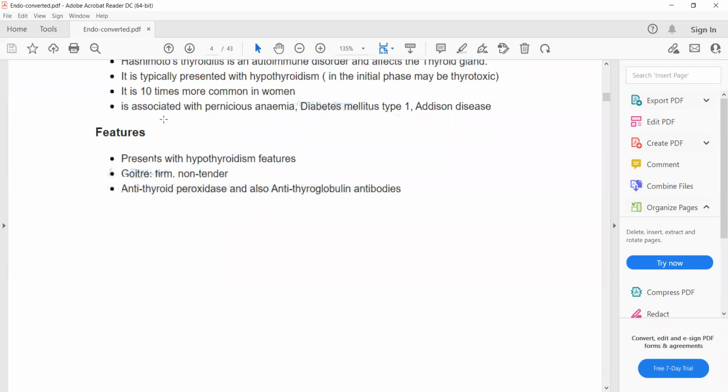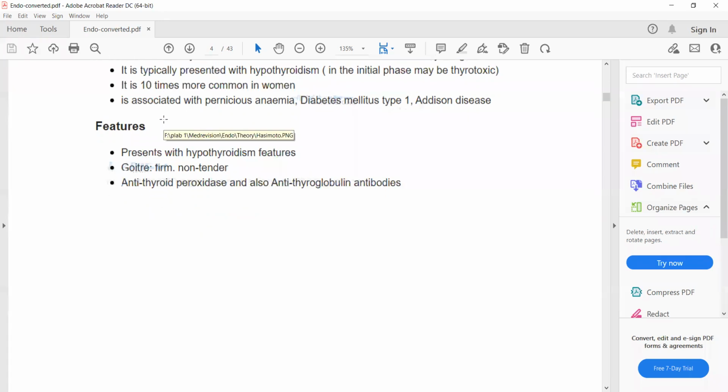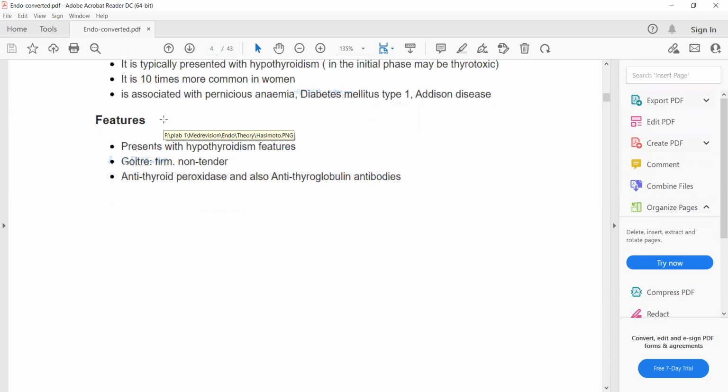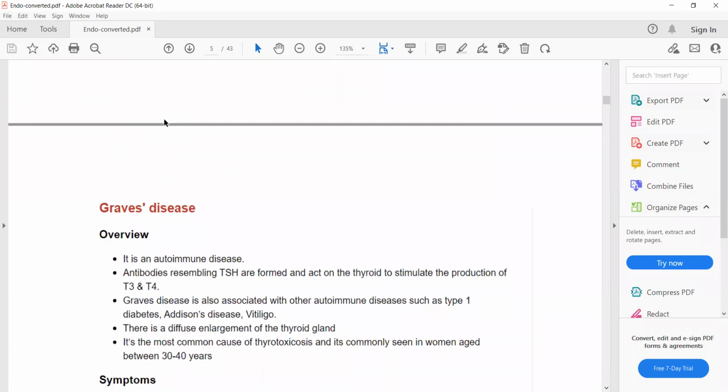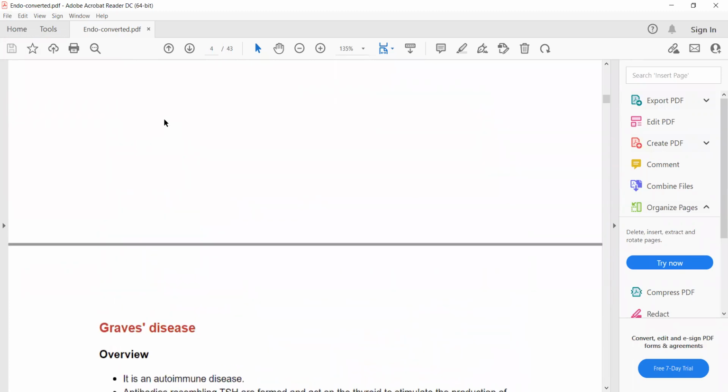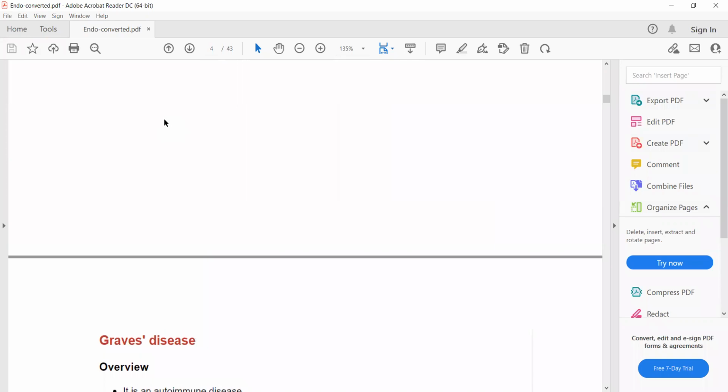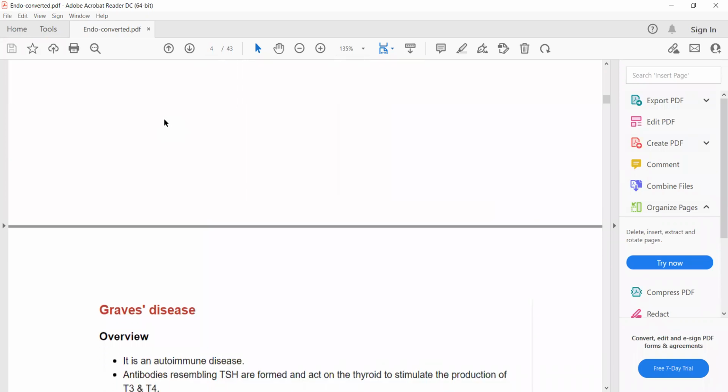Remember that the antibodies that are present in Hashimoto thyroiditis are anti-thyroid peroxidase antibodies and anti-thyroglobulin antibodies. So this was all about hypothyroidism, its causes, and its management.